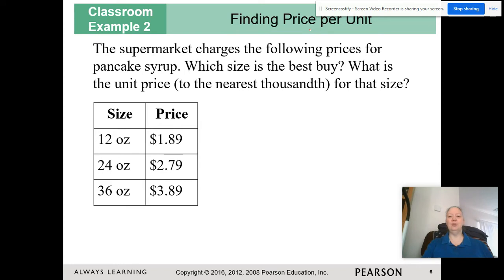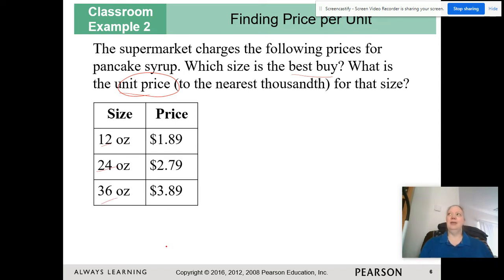Price per unit, or the better buy. In a grocery store, I don't know if you've ever looked at the label on the shelves. On the label is the big number, which is the actual price, and then in smaller numbers is what they call the unit price. Unit price allows us to compare two things that are, for example, of different sizes.